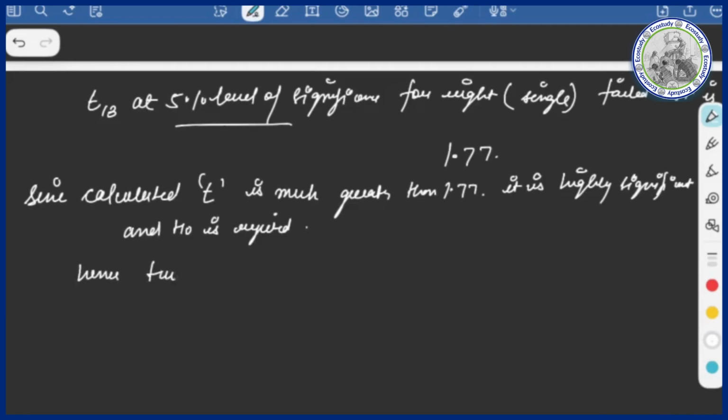Means two types of bulbs differ significantly. Okay, so our alternate hypothesis is true.